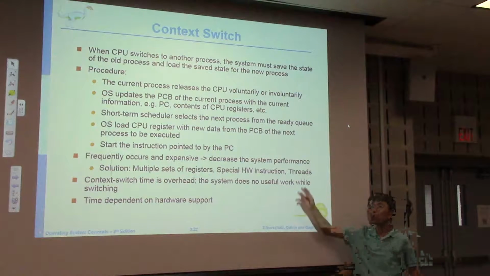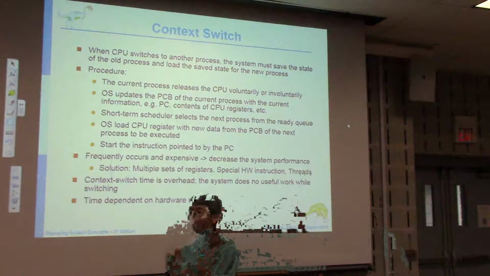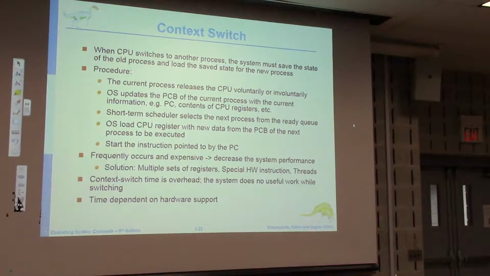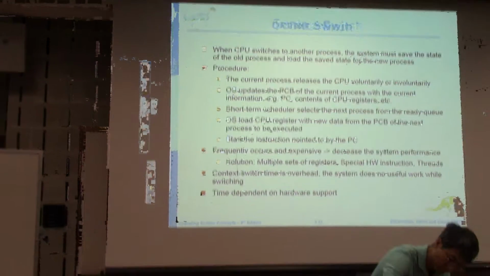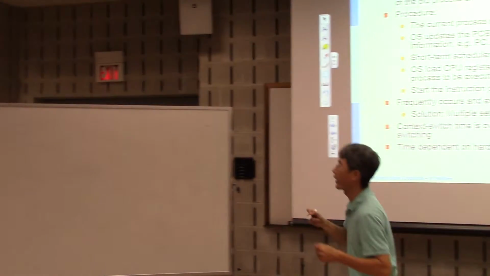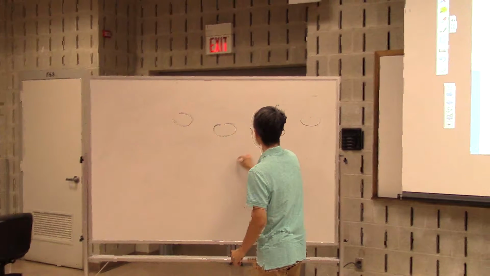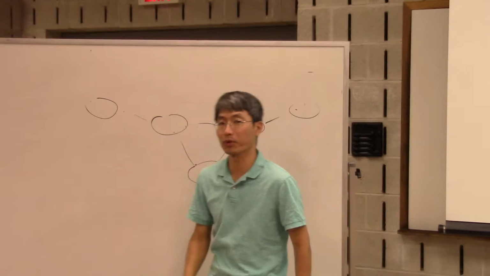Then the CPU scheduler, the short-term scheduler, will select the process from where? We learned about the five states of the process.